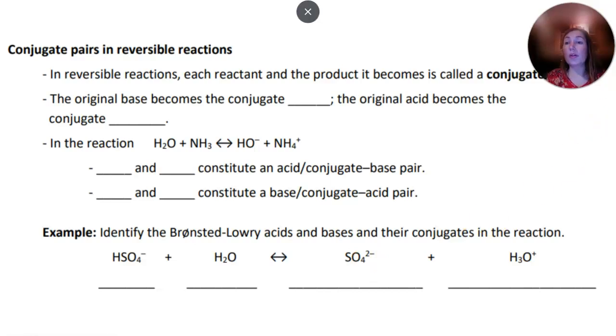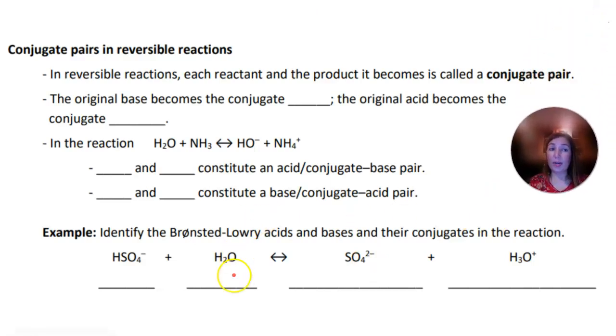So let's talk about conjugate pairs in reversible reactions. In reversible reactions, each reactant and product becomes what is called a conjugate pair. The original base becomes the conjugate acid, and the original acid becomes the conjugate base.